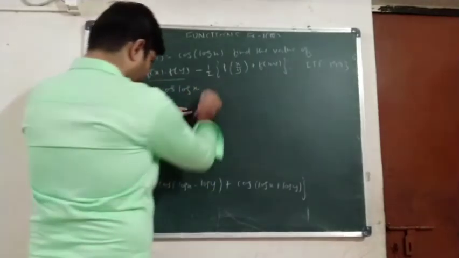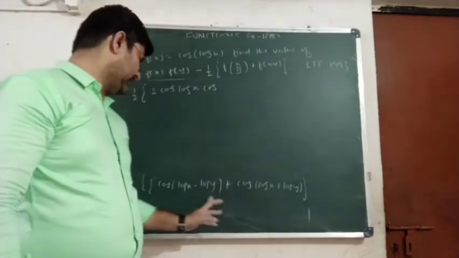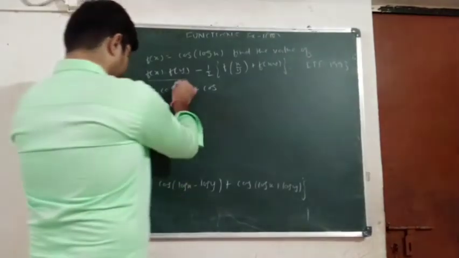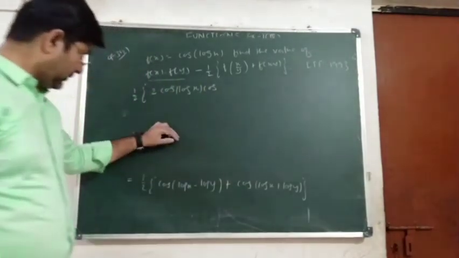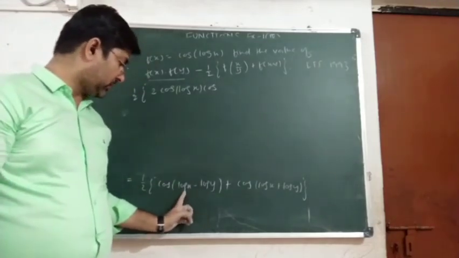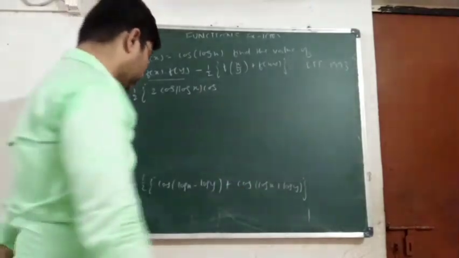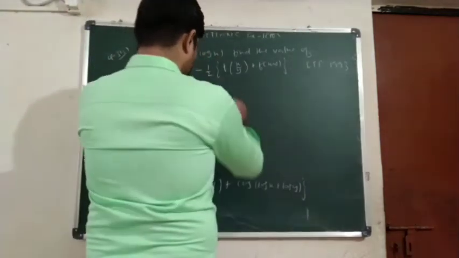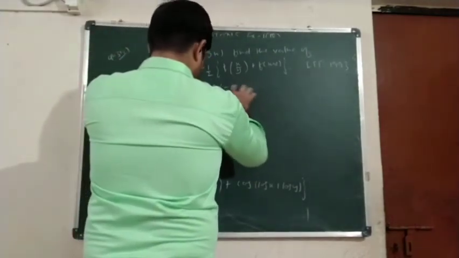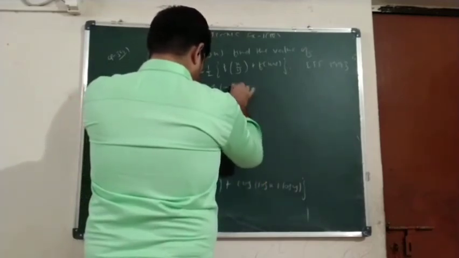And for cos of c minus d, if you subtract, then minus log y minus log y, we will get minus 2 log y, because log x and minus log x will get cancelled. So minus 2 log y by 2, so 2 will get cancelled, and we will get only log y.